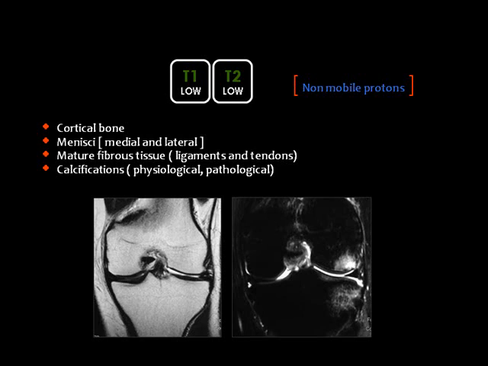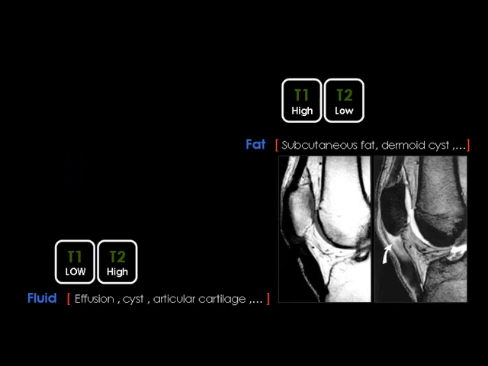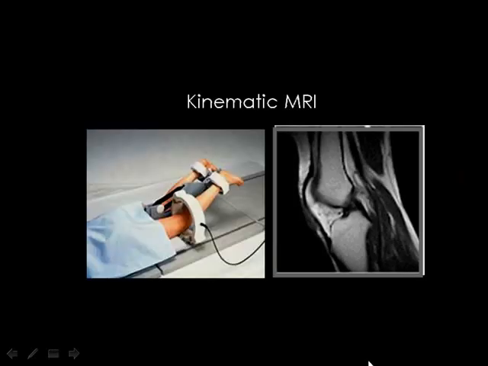Any fluid in the human body will appear black in the T1 and bright in the T2. What is the opposite of the fluid? It is the fat. Examples of fat in the human body: the fat in the bone marrow, the fat in the subcutaneous area, the fat below the patella. All this fat will appear bright in the T1 and less bright in the T2 image. Okay.